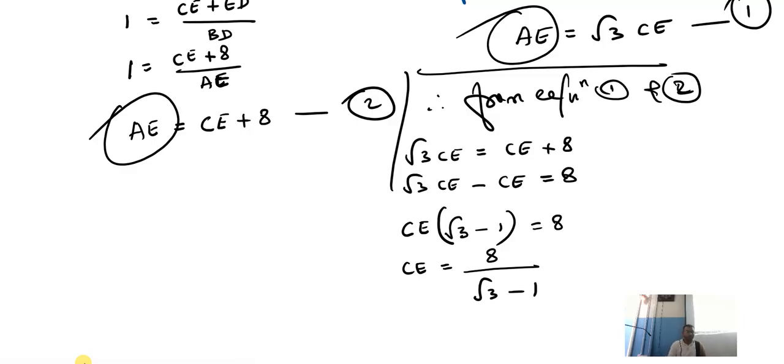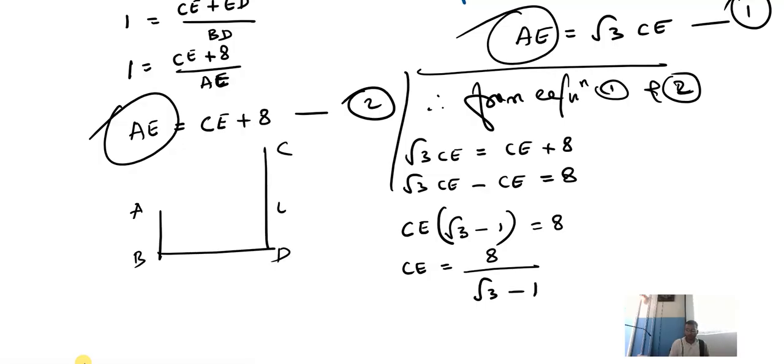Did they give any value or take root 3 or something like that? No, they have not taken. So what shall we do? How much is CE we got? What was the figure? Let me say this is my AB, in the figure. Again, I should go back.